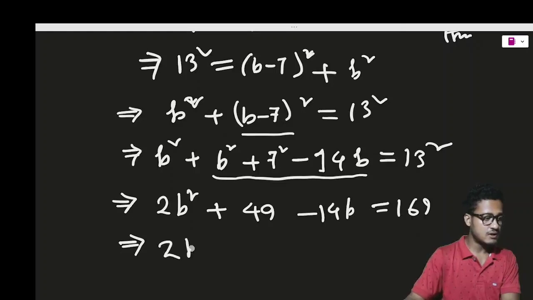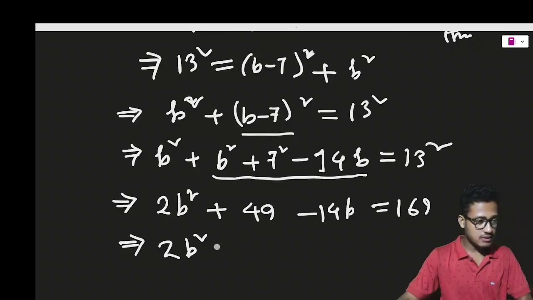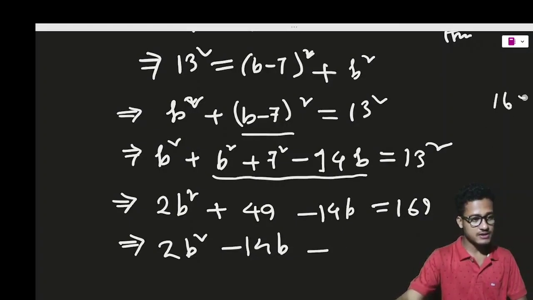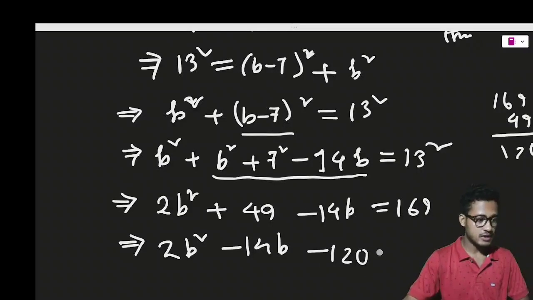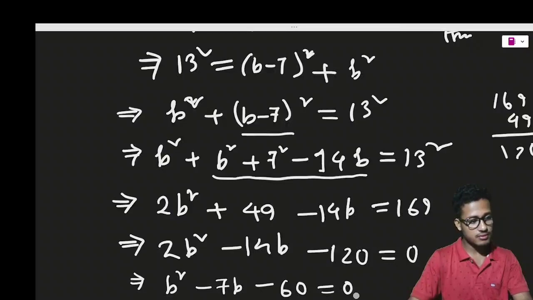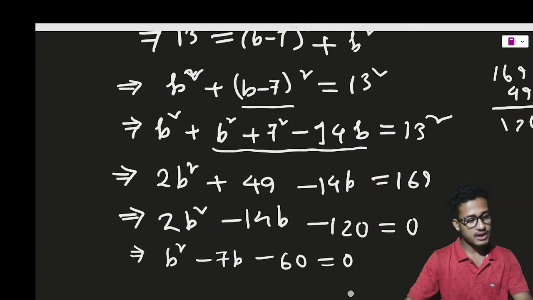This will imply twice b square minus 14b plus 49 minus 169 is equal to 0, so twice b square minus 14b minus 120 is equal to 0. This will imply b square minus 7b minus 60 is equal to 0.